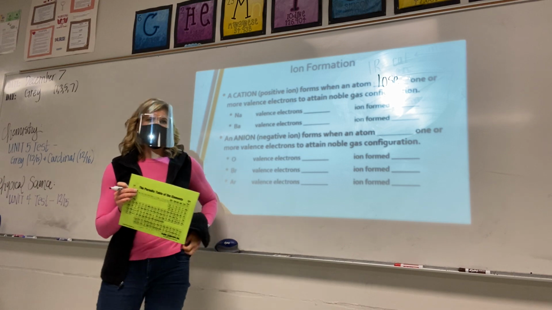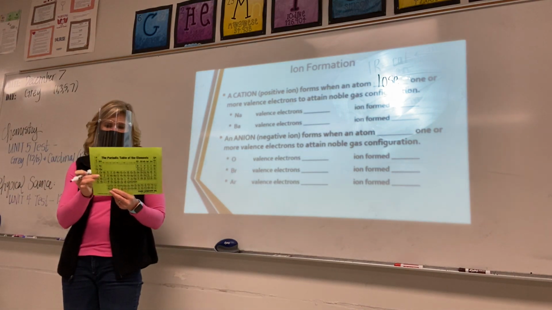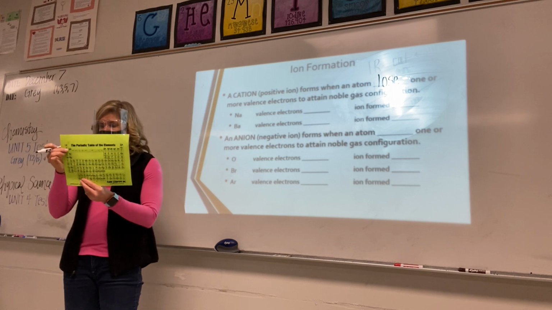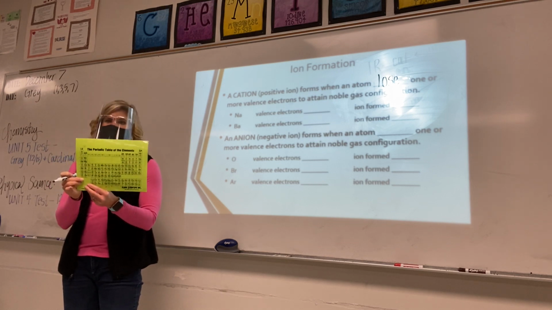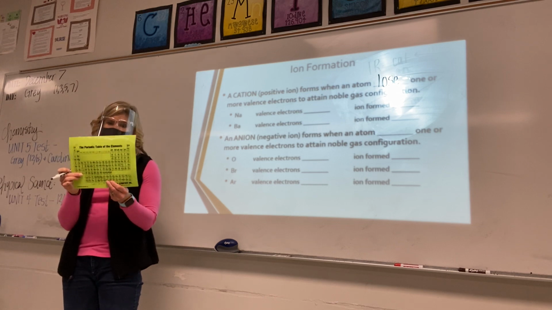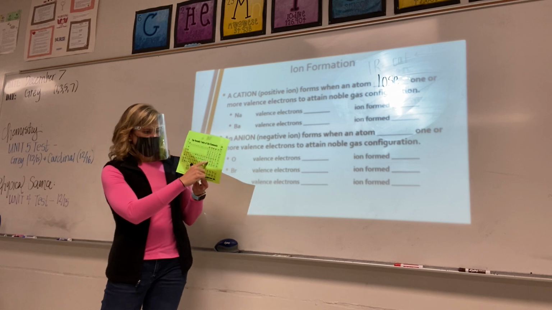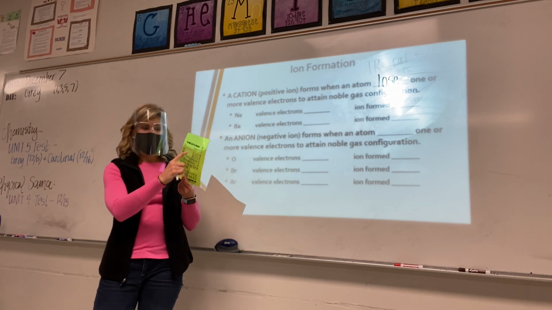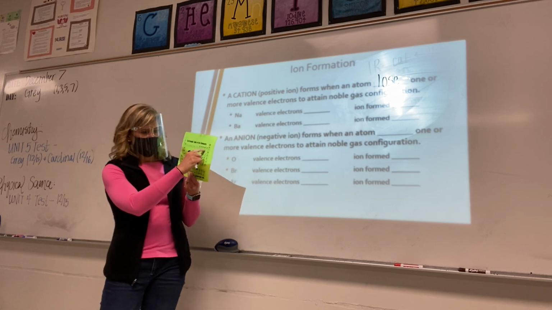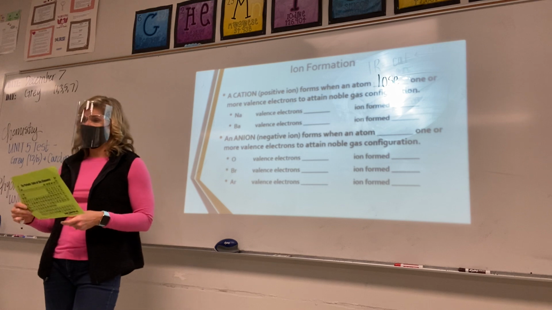So it's important to remember here, as we have our periodic table laid out, Group 1 has 1 valence electron. Group 2 has 2 valence electrons. Group 13 has 3. 14 has 4. 15 has 5. 16 has 6. 17 has 7. And of course, noble gases have 8.